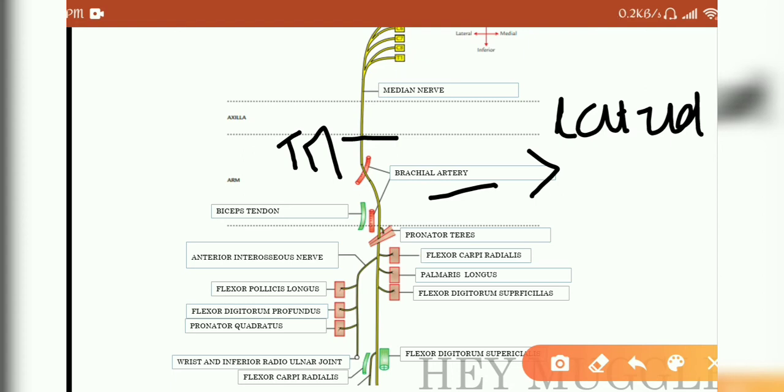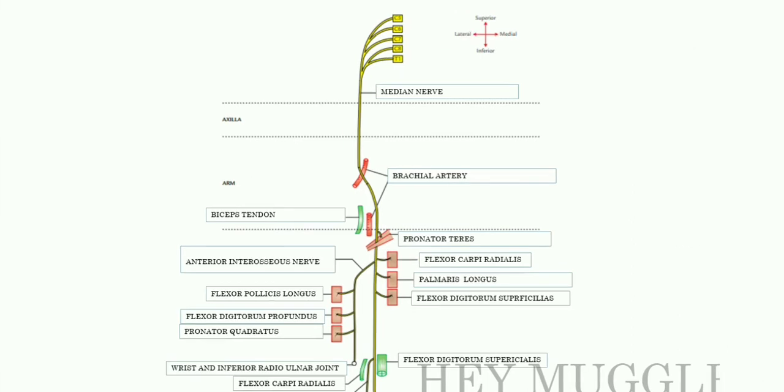And then it enters your cubital fossa, right? The median nerve is present medial to the biceps tendon and brachial artery in the cubital fossa.